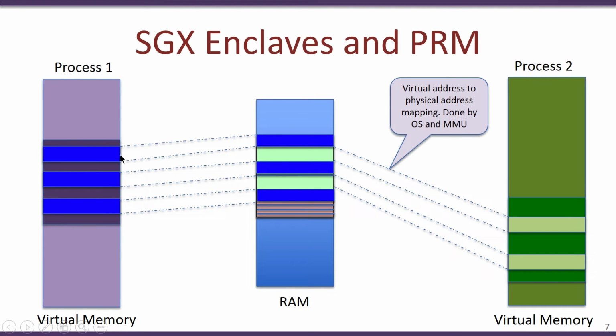So, this would convert the virtual address to the corresponding physical address. A second set of validity checks is done by the hardware using the EPCM which is present in the PRM. So, this would permit a scenario where the operating system is not trusted, and the additional checks done by the hardware would ensure that the enclave code and data is kept safe even when the operating system is untrusted.